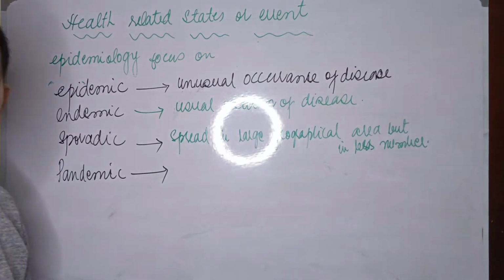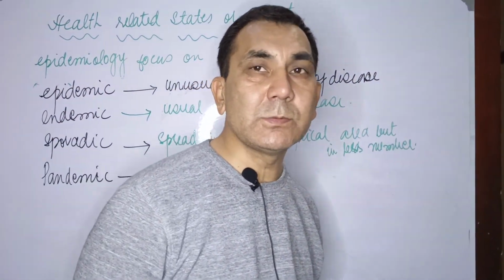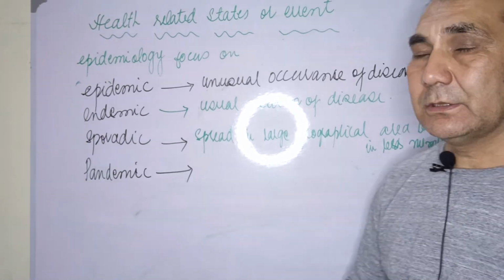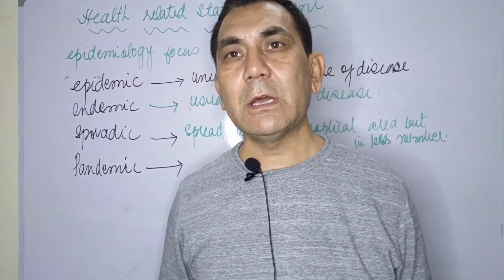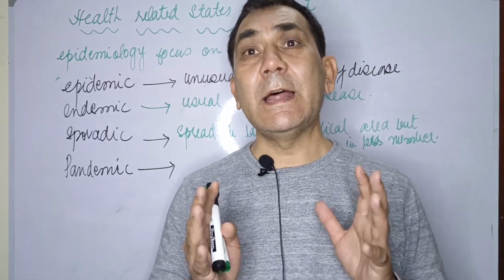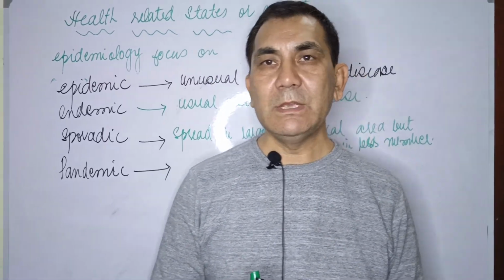Now the third term is called the sporadic. Sporadic is when a disease is spread over a large geographical area but in small numbers.